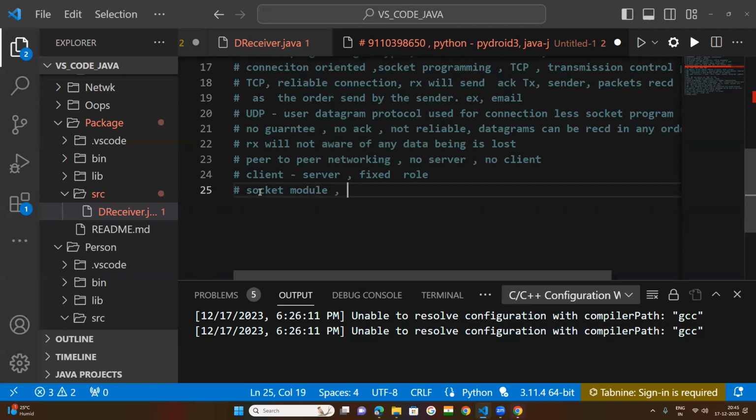What is the role of this import? The socket module is nothing but a module in Python. It is like a folder; in Java it is called a package. This module provides many methods.